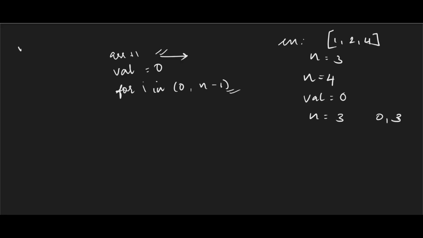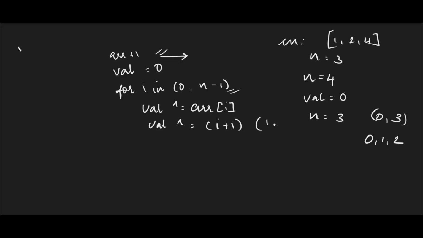So we need to make it n minus 1, that is from 0 to 3. But when we are using range, it will omit the final, that is the n, so it will include 0, 1 and 2. Now while XORing val, we first XOR the first element of the given example, and then we go to our own sequence. So for example, 1 2 3 till n without including 0.